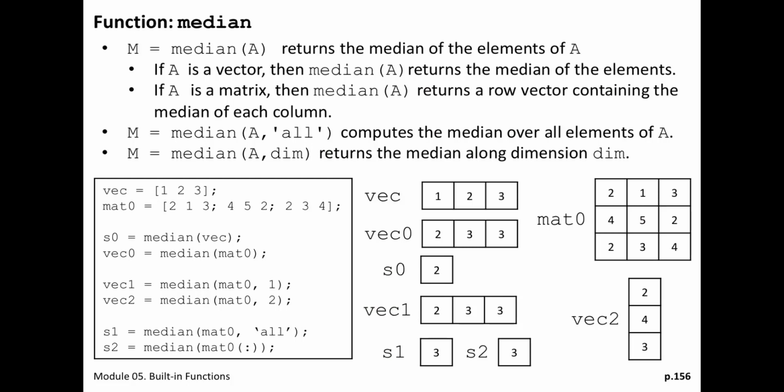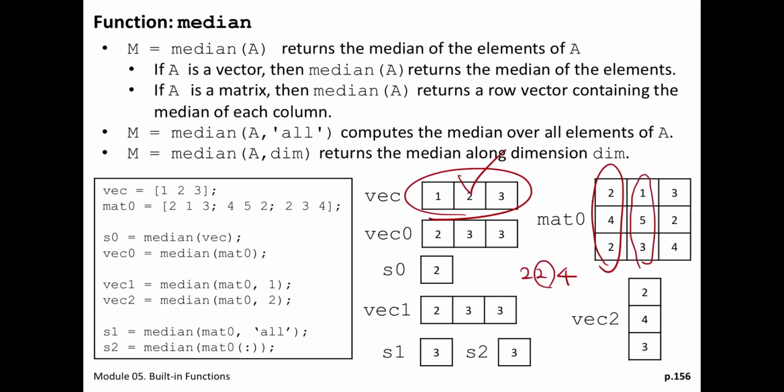The only difference is the operation. For instance, what is the middle value of 1, 2, 3? That is 2, right? What is the middle value of 2, 2, 4? That is this one, because we just pick the middle value. It's not an average.